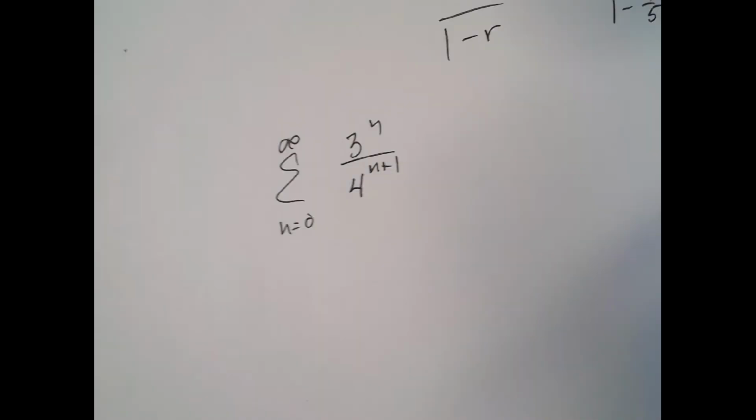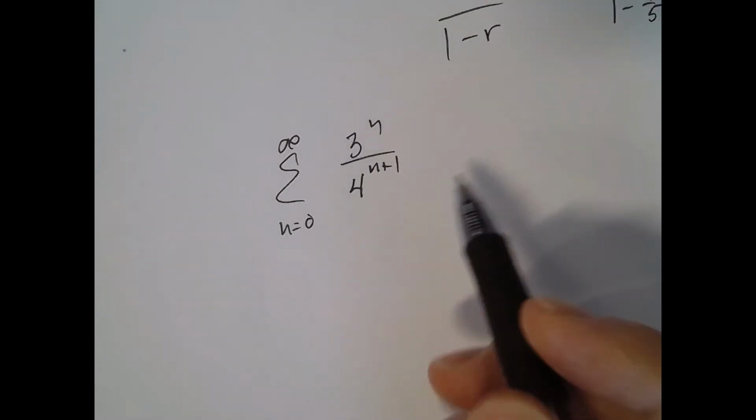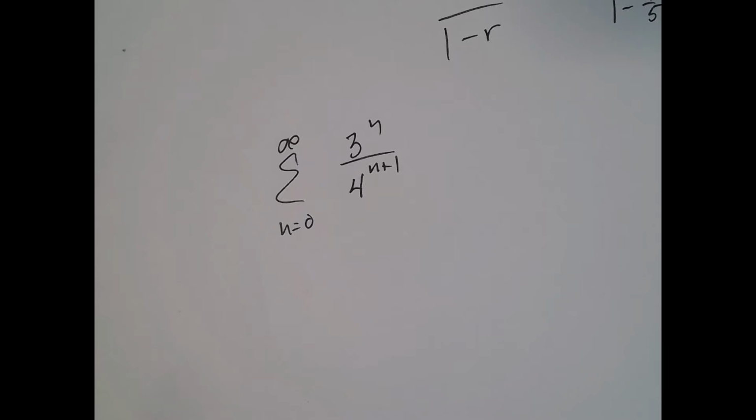I'm not sure what that's going to look like, I don't even know what r is there because I've got an n over n and n plus 1. So let's just start by maybe writing out a few terms. That might help, or we could algebraically manipulate it, another way to do it.